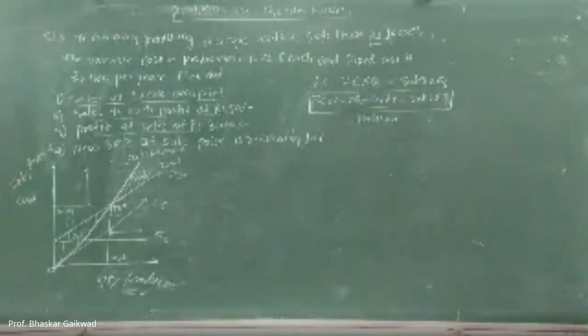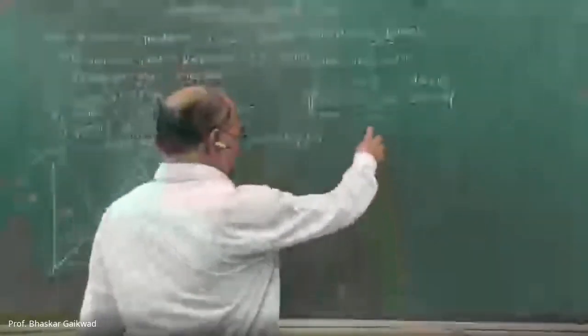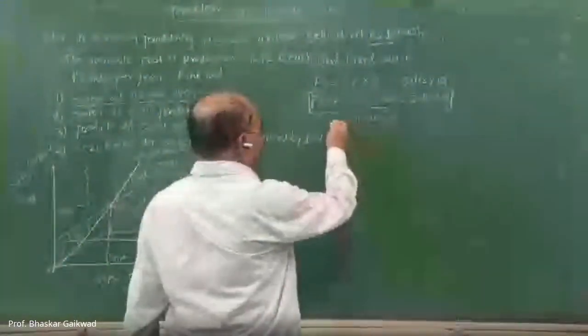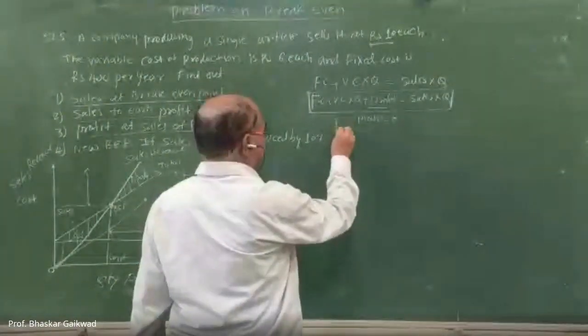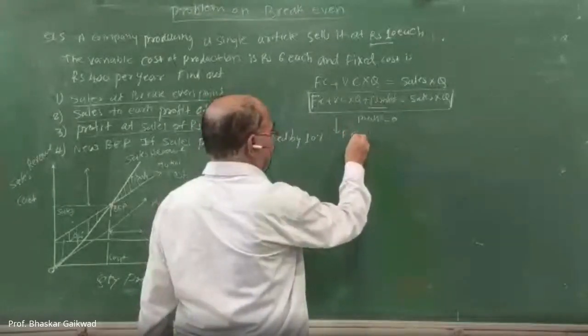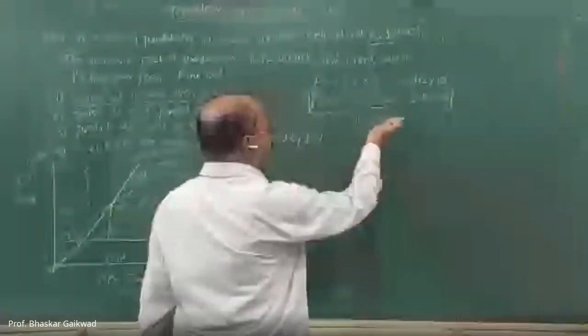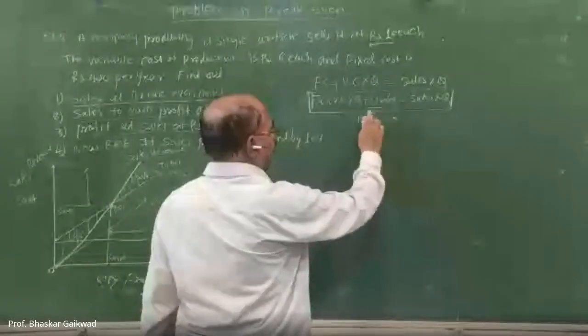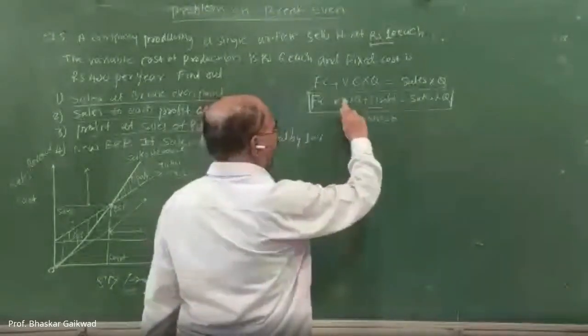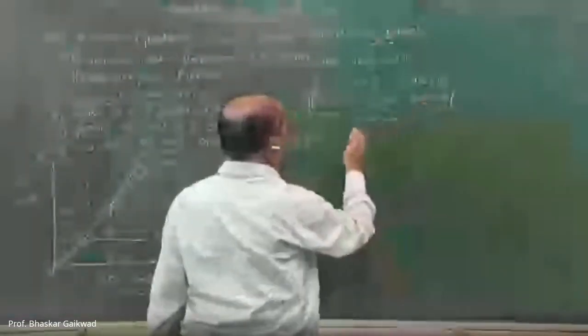How to decide the quantity? Very simple. This profit is 0, so I will change this formula. Profit is 0, then fixed cost, I will take variable cost into quantity to this side.